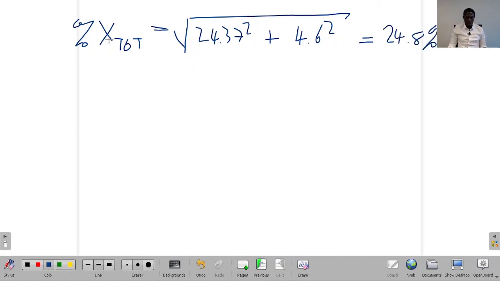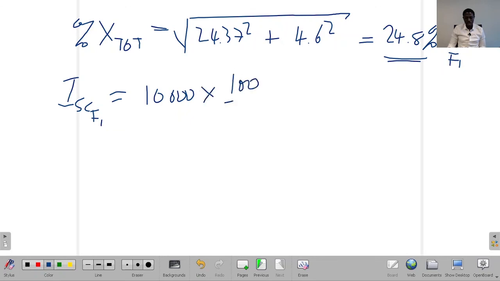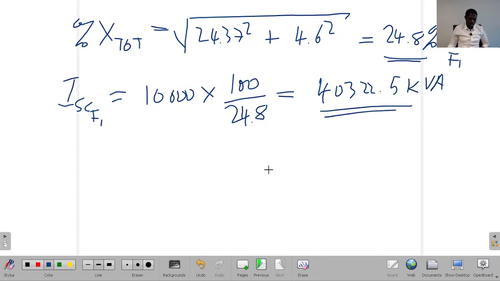Now that we know the total up to point F1, the short circuit up to point F1 is equal to the base kVA rating multiplied by 100 over 24.8, and this gives us 40,322.5 kVA as the short circuit current.